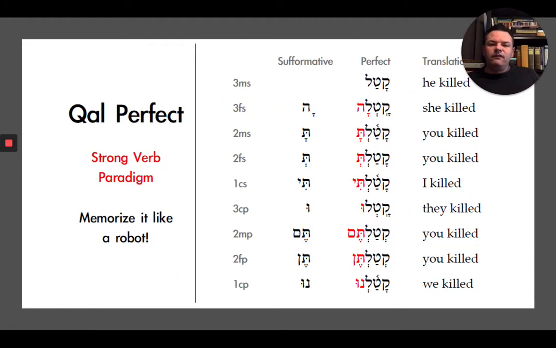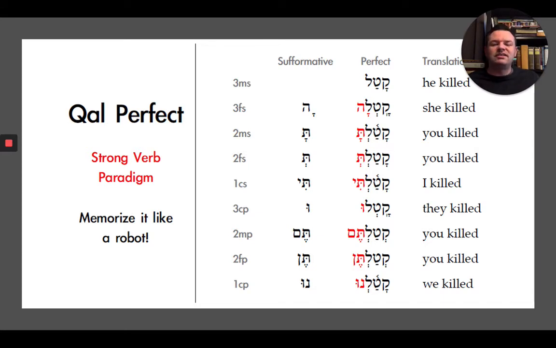So the Qal perfect in the strong paradigm, what we're going to do is look at this chart here. This is what's called the paradigm chart. And we're going to see what the third masculine singular, the third feminine singular, all the way down to the first common plural is going to look like.